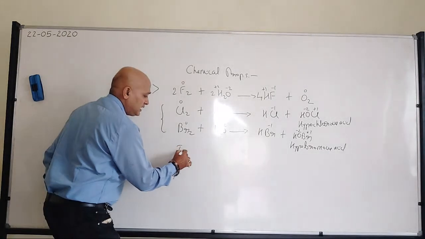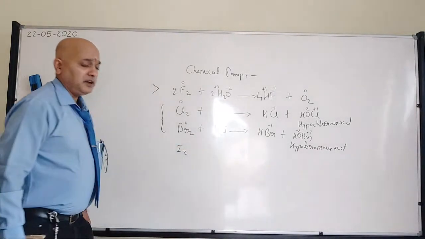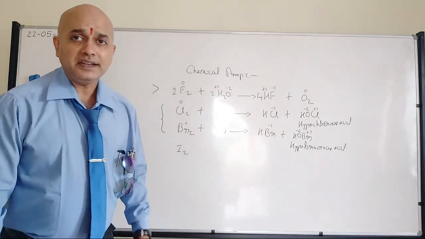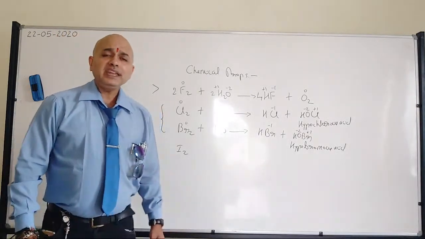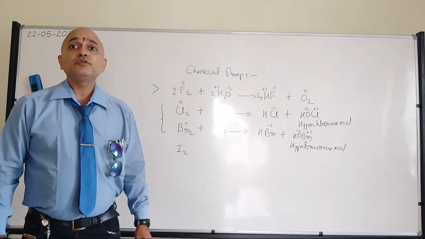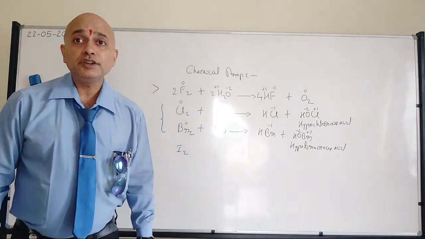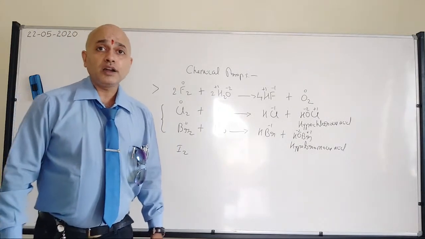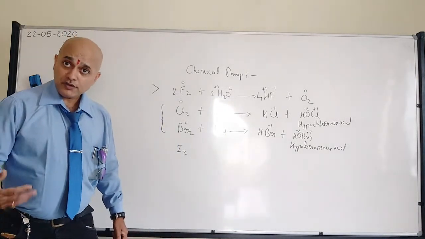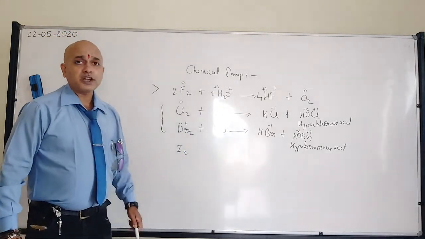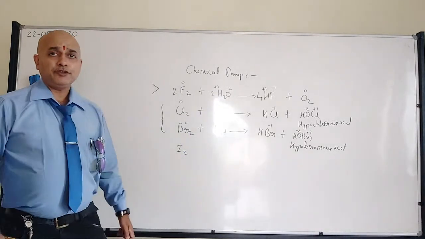Even iodine can show the similar reaction, but iodine, due to its non-polarity, it will be very less miscible with water. It can go easily with organic solvent, iodine, but it will not go with water. But still, if you force to go with water to react, then the same type of product will be formed even for iodine.